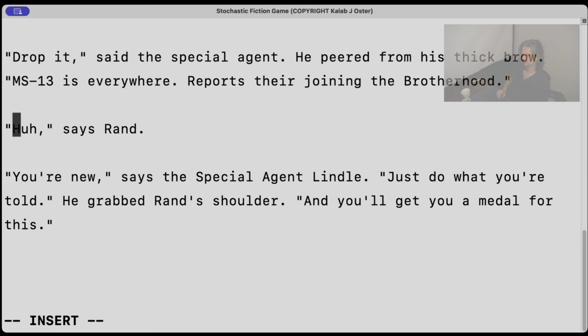Rand looks at the... what does Rand look at? Rand looks at something. Looks at the report.